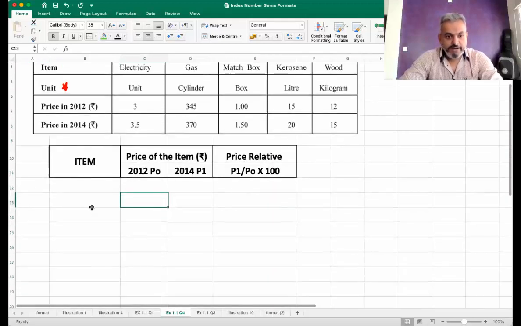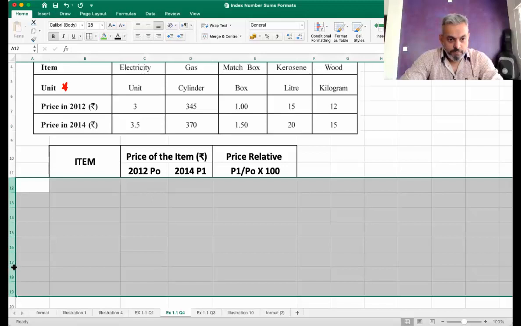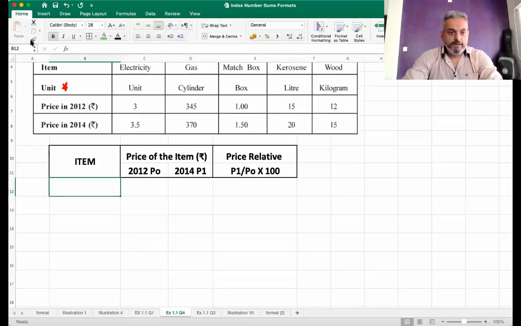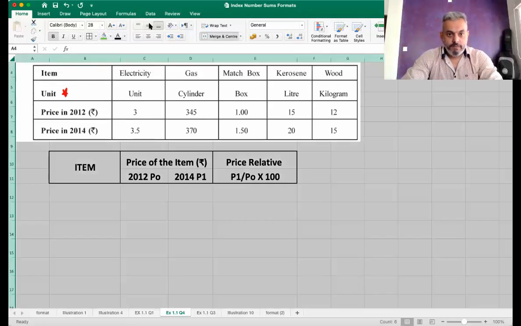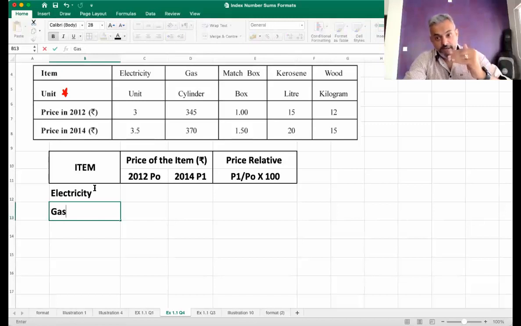So we will write the items over here. So electricity, then gas. You should leave one line between each and write. Okay, that is advisable.